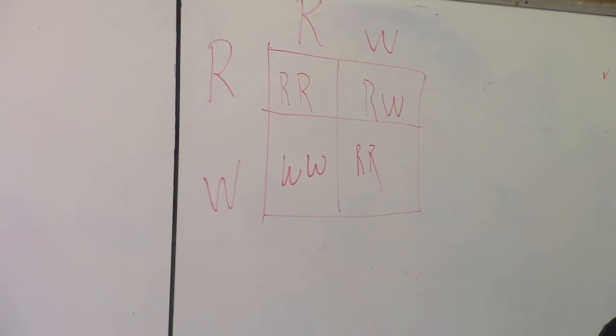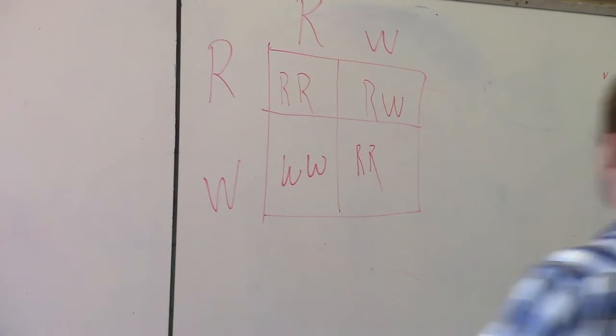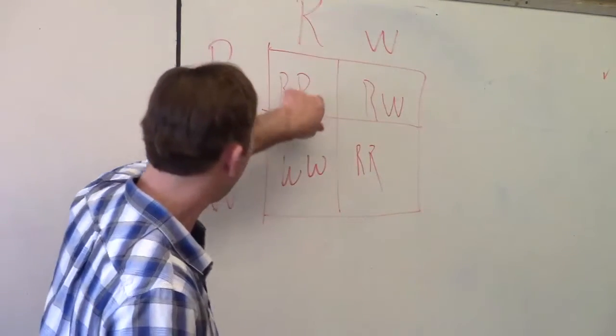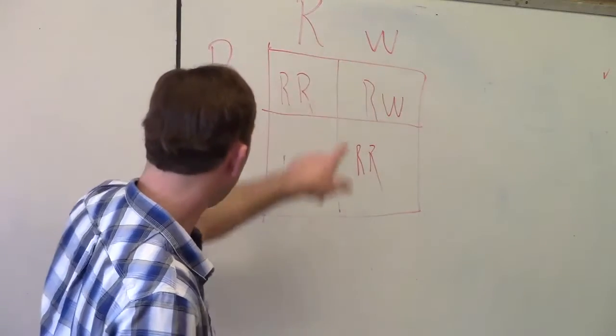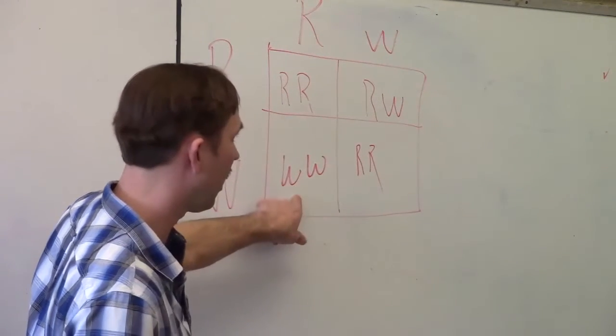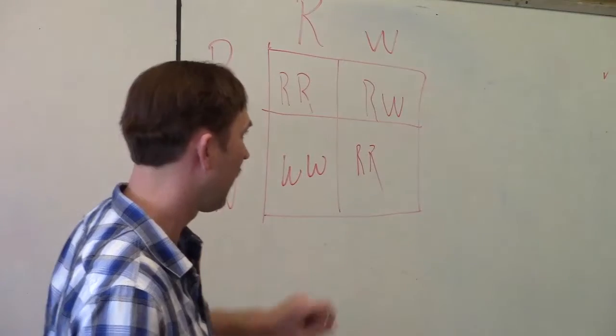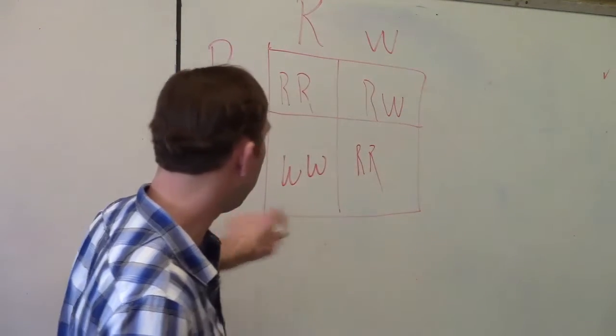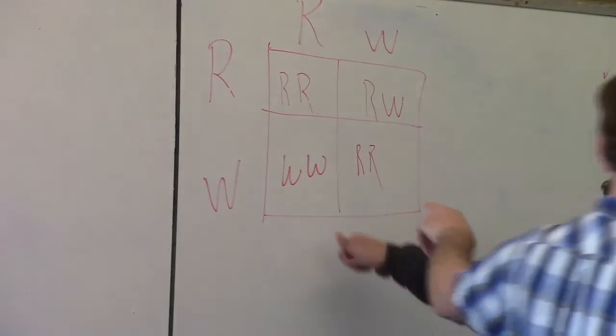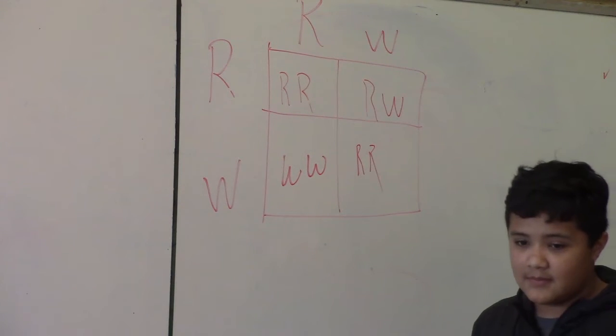Okay, so on a multiplication chart, we usually multiply up and down, right? And then here we're going to be multiplying this one and this one. So what's R times W? I think WW will appear on our Punnett square.